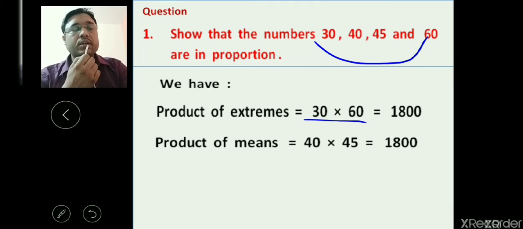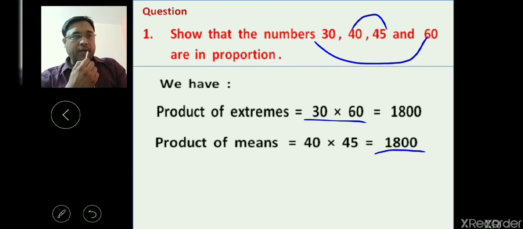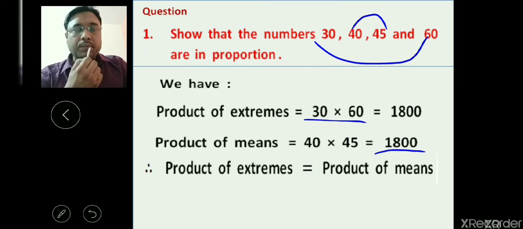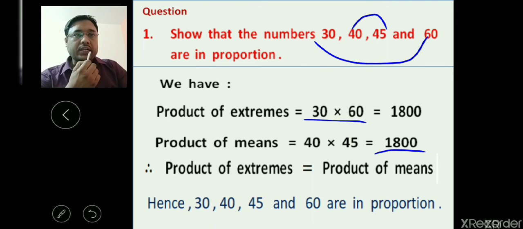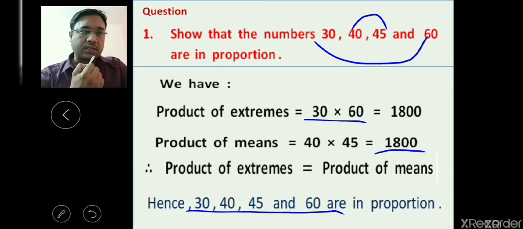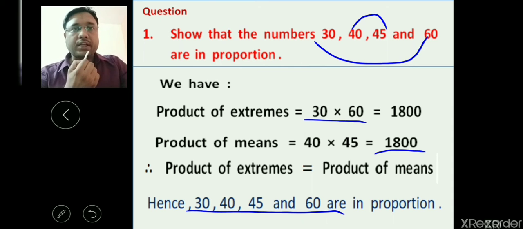Now the product of means, 40 into 45, is also 1800. We see that they are equal. That means the product of extremes equals the product of means, so these four numbers 30, 40, 45 and 60 are in proportion. This is the rule of proportion: if the product of extremes equals the product of means, the given numbers are in proportion.